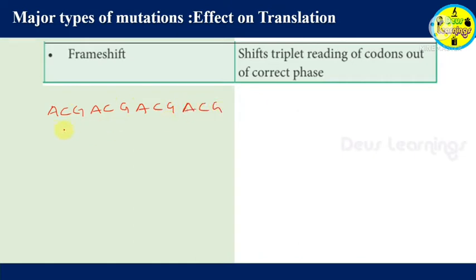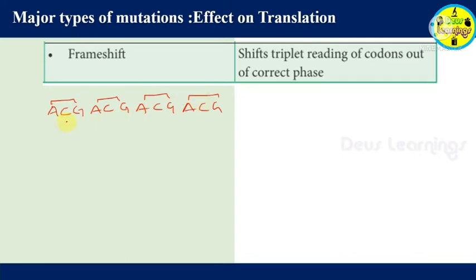Okay, so if we add or remove one nucleotide, for example, if you see here, everything is ACG, ACG, ACG and ACG, right? So if you add or remove a nucleotide, the whole story changes.